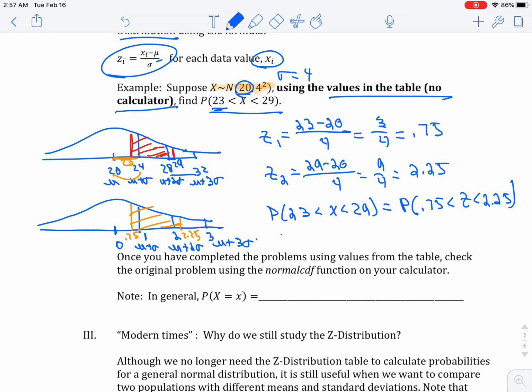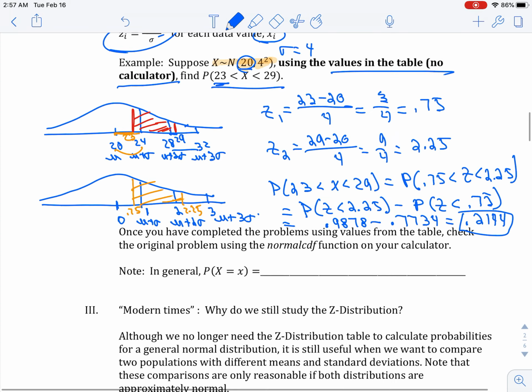And that we're going to find with the chart by doing the probability that z is less than 2.25 minus the probability that z is less than 0.75. And that should turn out to be 0.9878 minus 0.7734, which is 0.2144. I encourage you to verify those numbers on the table. So that would be our final answer for that one.